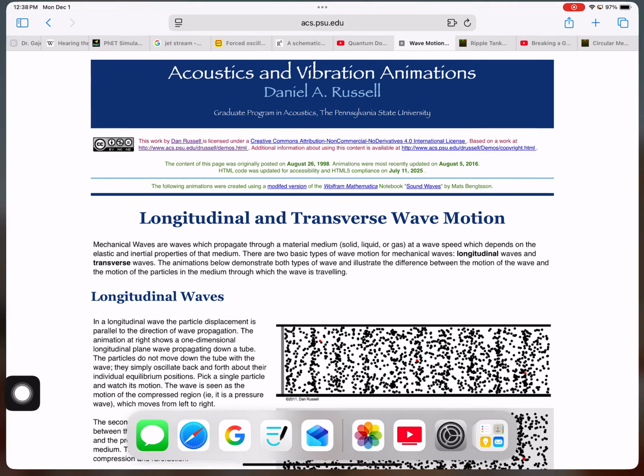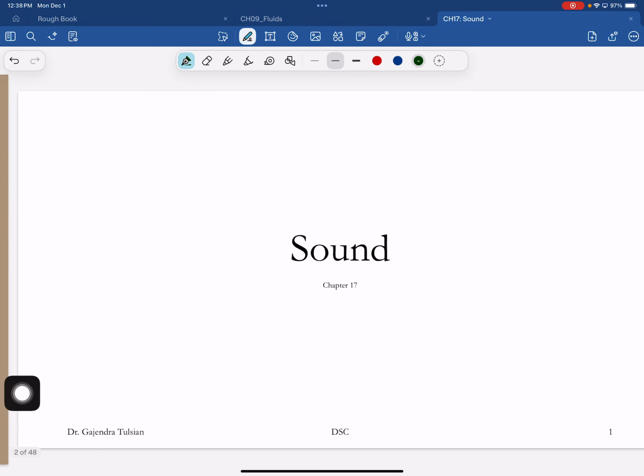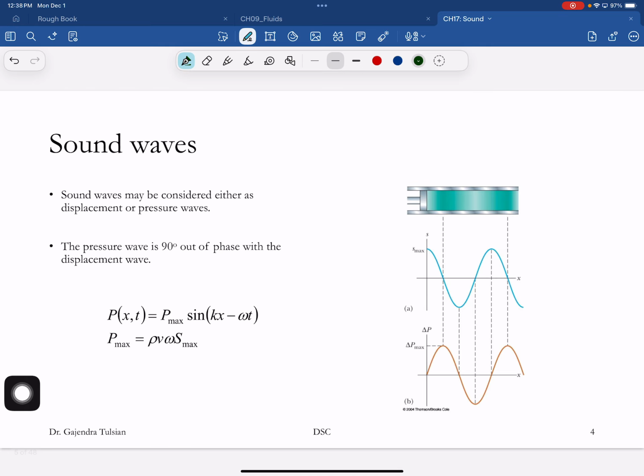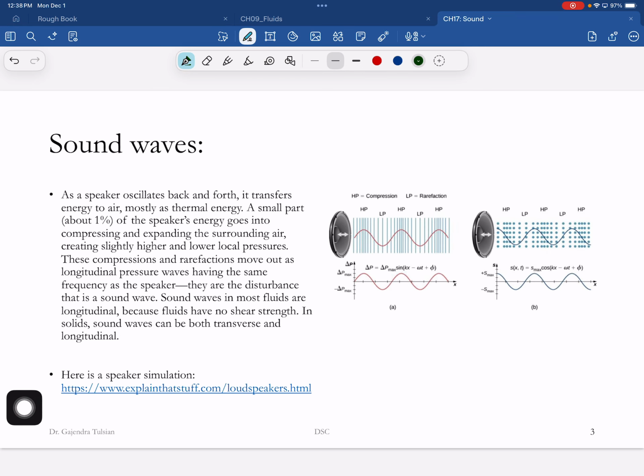Okay, so let me show that to you. You saw that when the diaphragm of the speaker goes back and forth, it creates a high pressure region, low pressure, high pressure, low pressure, and so on. So you can represent this sound wave as a pressure wave.